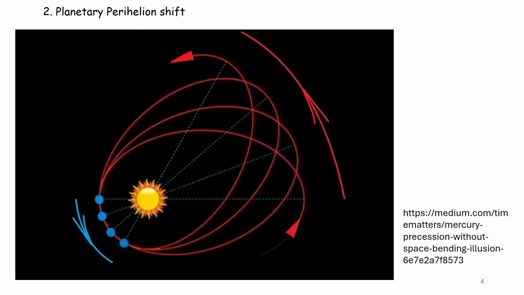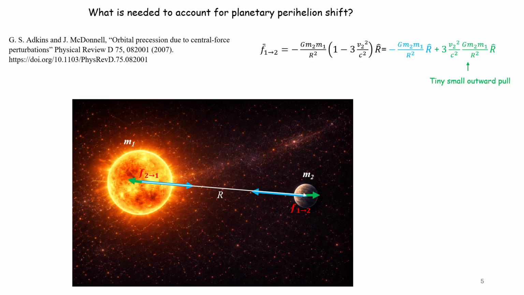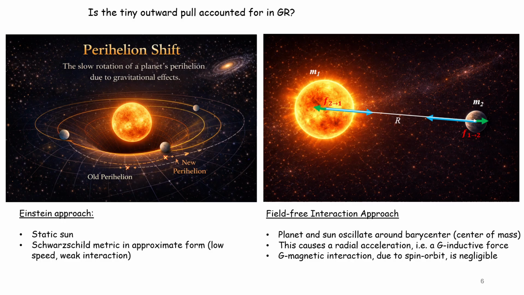And then last time we studied the perihelion shift, and we derived the correct formula for this shift within our framework. And this formula is given here for the force. And this has not been done before, so it's an important verification of our method.